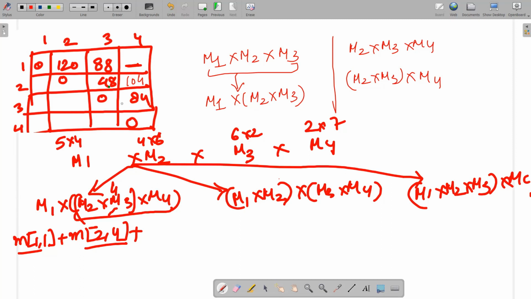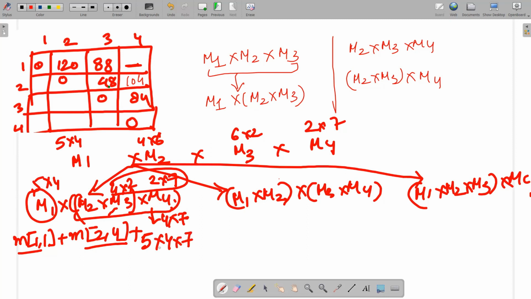So M2 when multiplied with M3, this answer would be 4 cross 2. This answer is 2 cross 7. So eventually the result would be 4 cross 7. And that is multiplied with 5 cross 4. So the answer would be 5 cross 4 cross 7, 4 being the common feature.